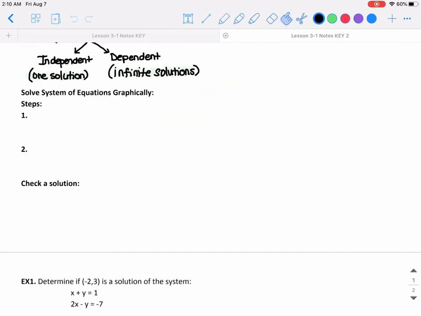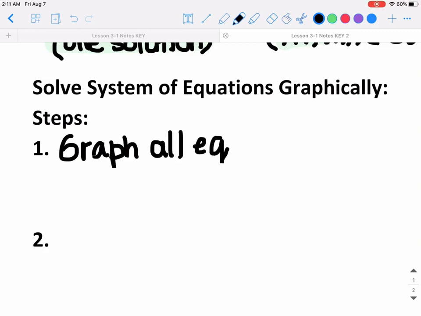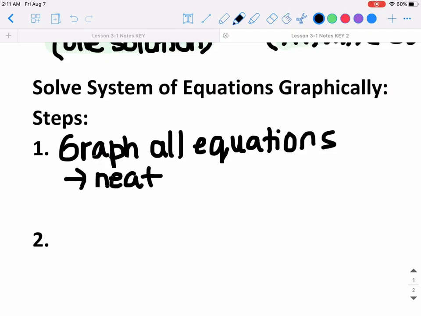To solve a system of equations graphically, the first step is to graph all the equations on the same graph, and make sure you're neat and you include a lot of points for accuracy.